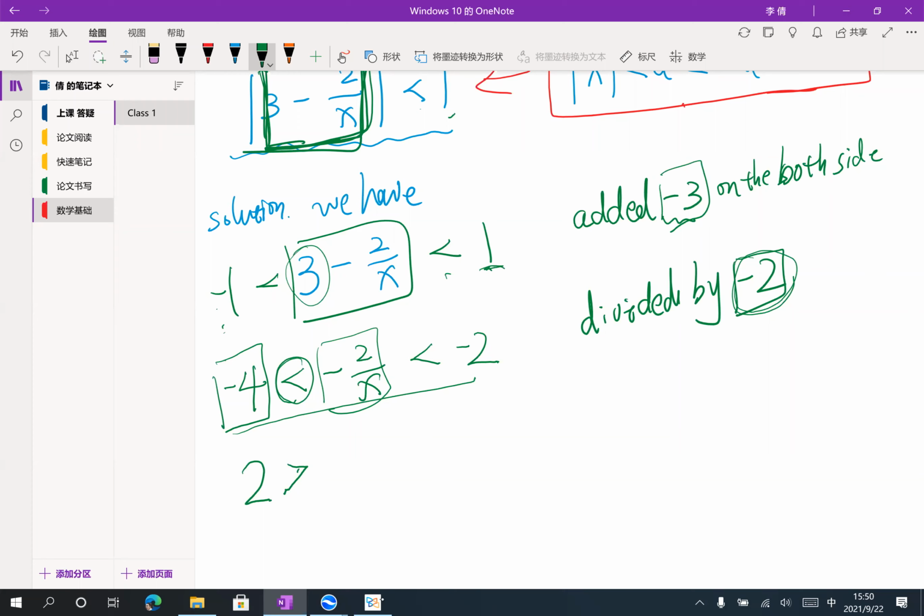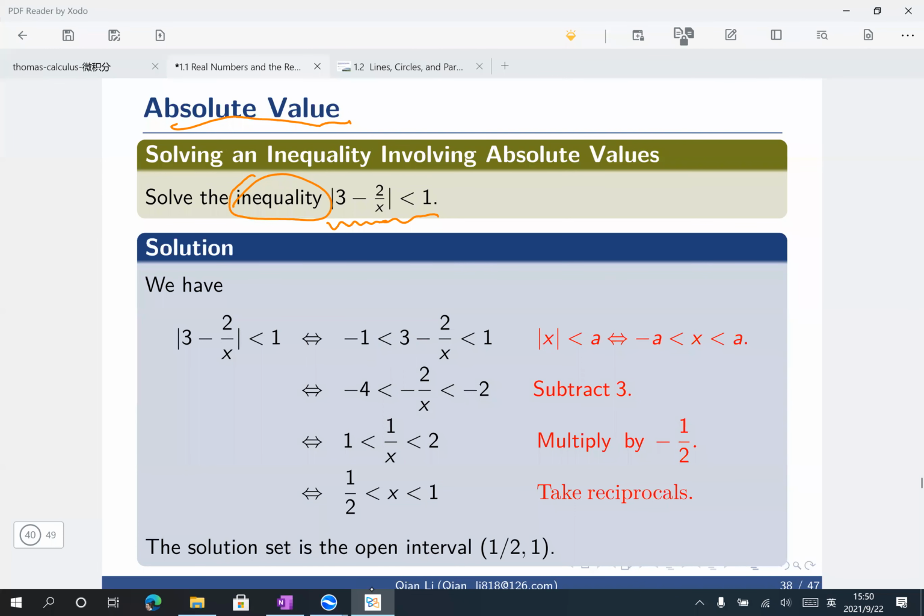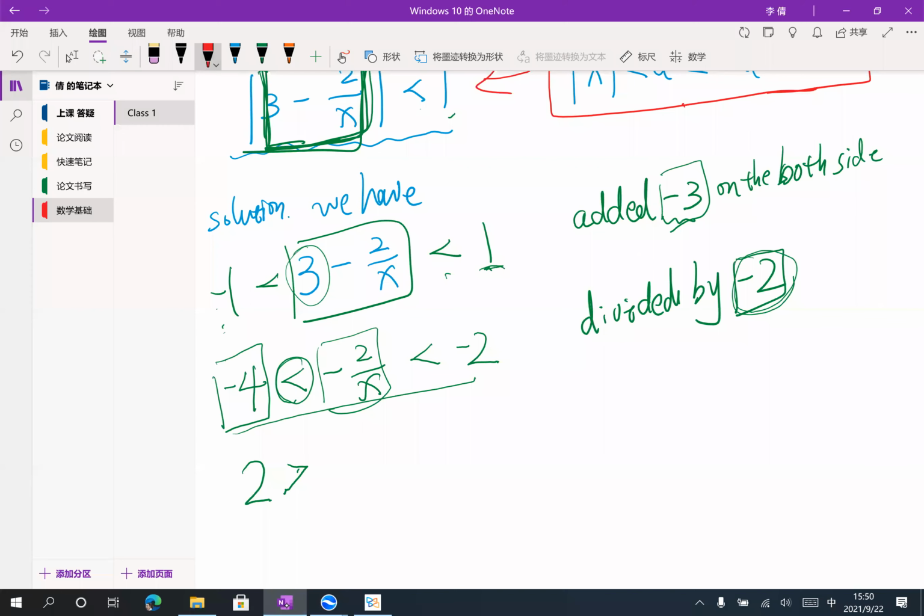This is the order property of inequalities. Let's write the property.